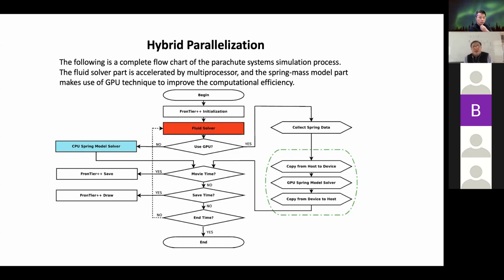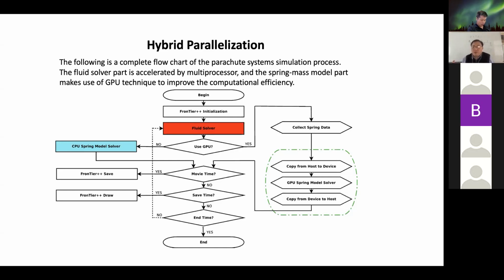So the ideal way to solve the canopy or the spring mass model is to get them into one processor and solve it. And then after solving it, you send it back to different processors for the fluid solver.